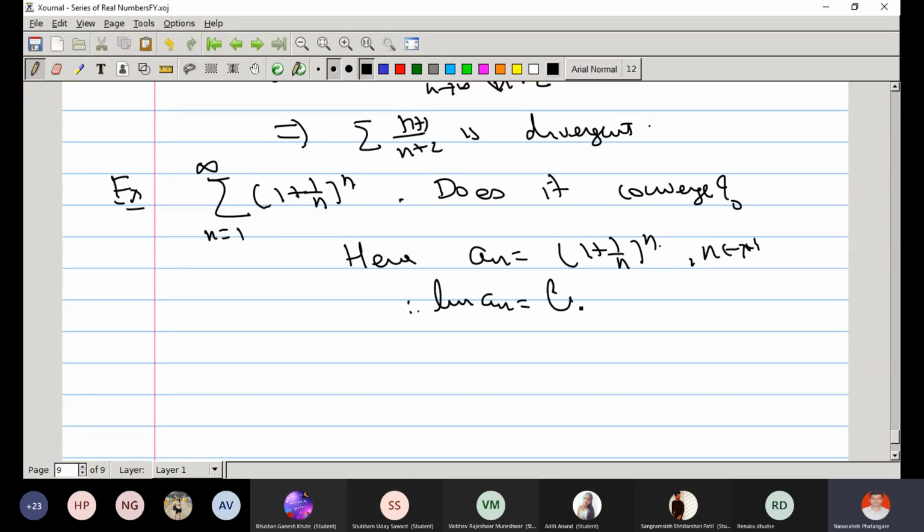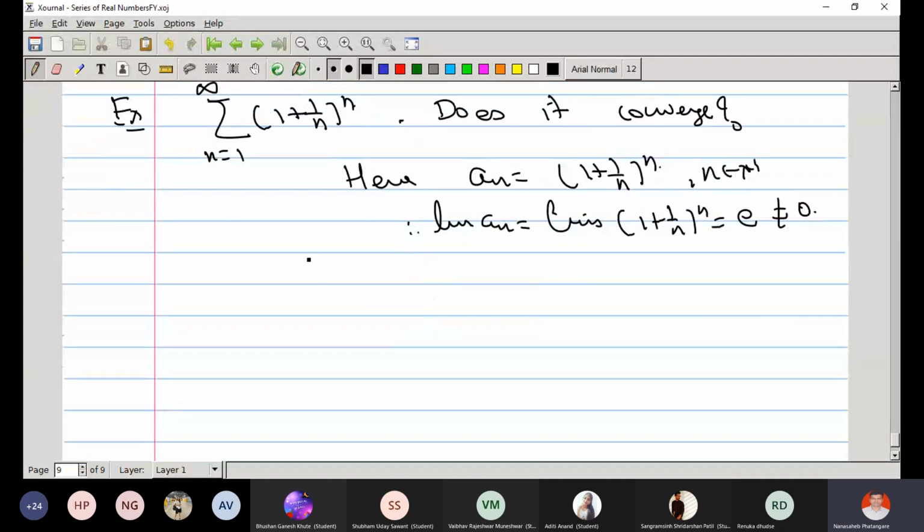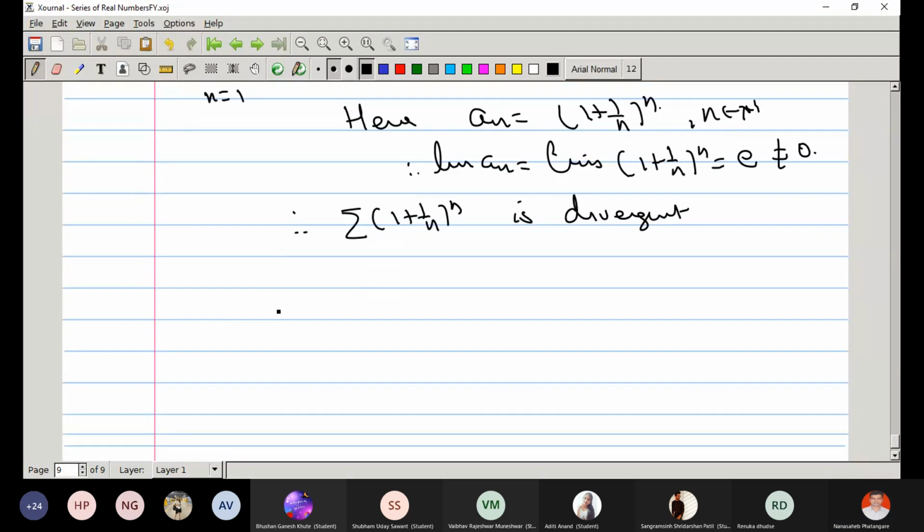The limit of an is e, which is non-zero, right? Therefore this series is divergent. Divergent means, in fact, all terms are positive, so the sum is basically infinite. So what can you say about the series 1 raised to 1 by n?